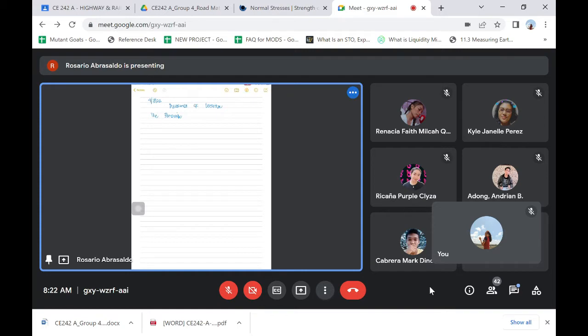Percentile. These are values that divide a set of observations into 100 equal parts.